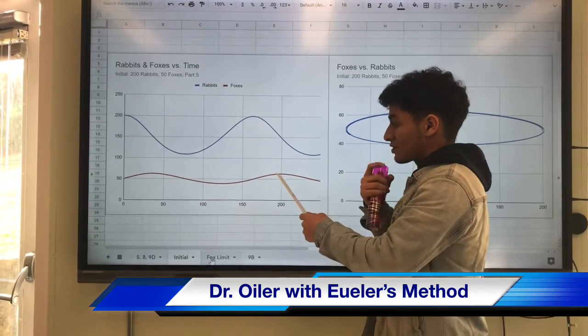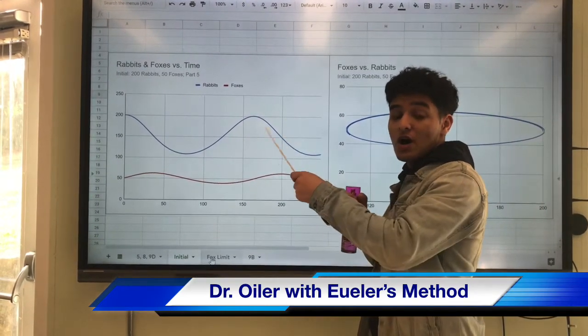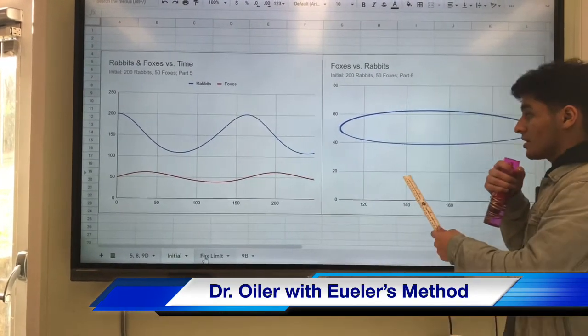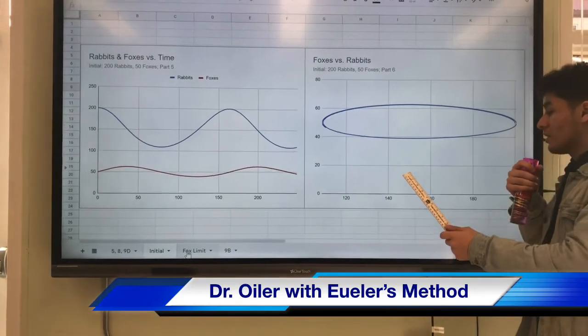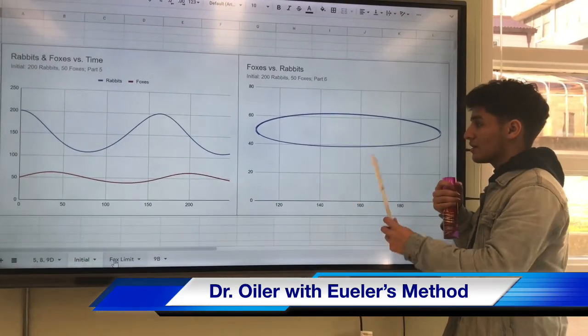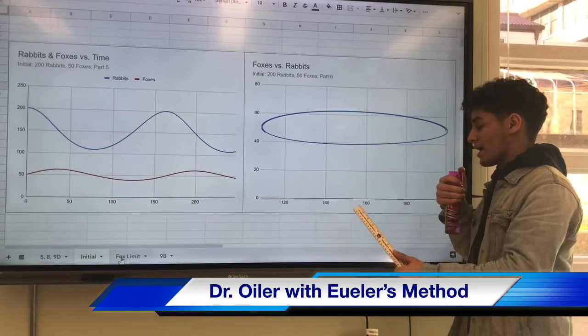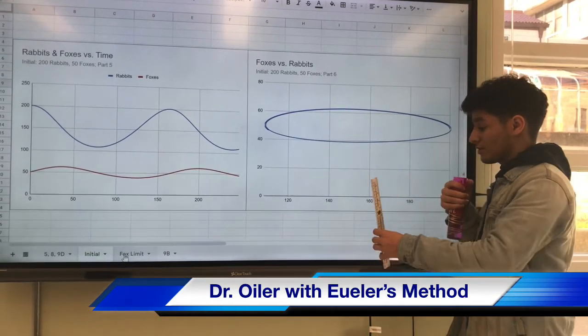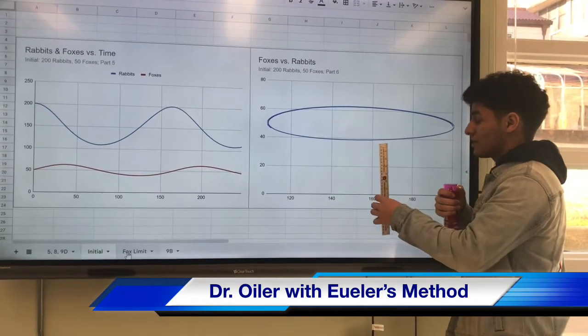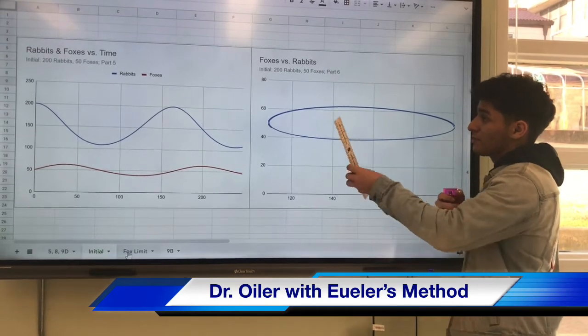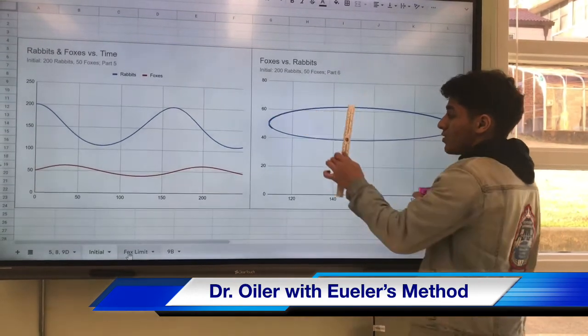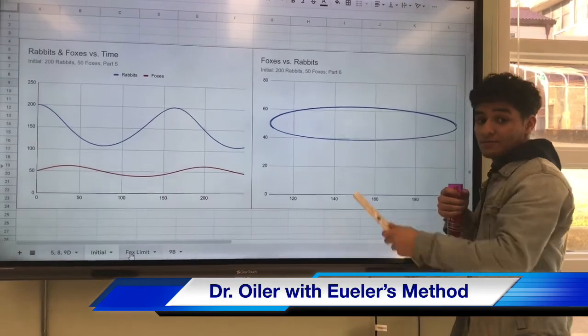So the peaks correspond to declining on the opposite graph. And then here is foxes versus rabbits. So what we can see here is the same sort of behavior. And if we look at the midpoints for rabbits, which is 150, and the midpoints for foxes, which is 50, we get this center right here.